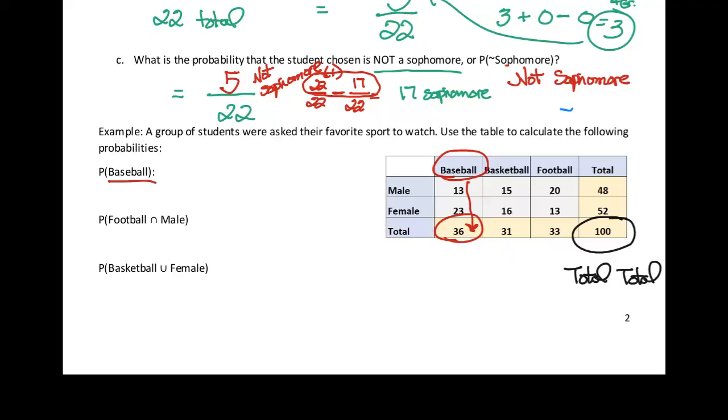This number becomes your numerator because that is the total that like baseball. But I need to put that over everyone that was surveyed. So I'm going to put that over the total of everyone that was surveyed, which is going to be 100.